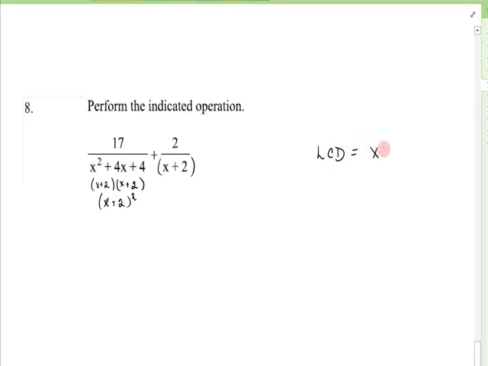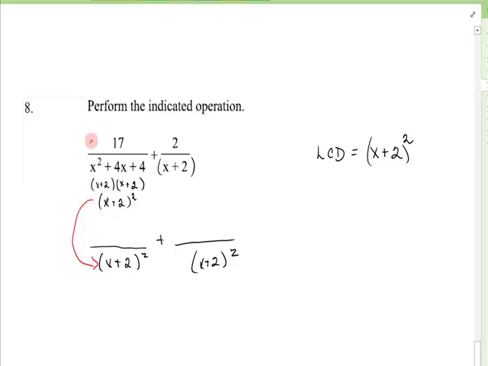Well, I need an x plus 2 because I have it in both, but I need it squared because I have to have the high power. So I have x plus 2 quantity squared. Let's compare. There's no change, so there's no change. It stays 17.